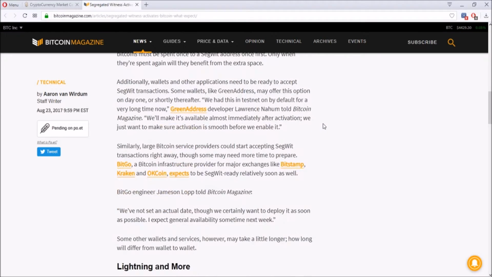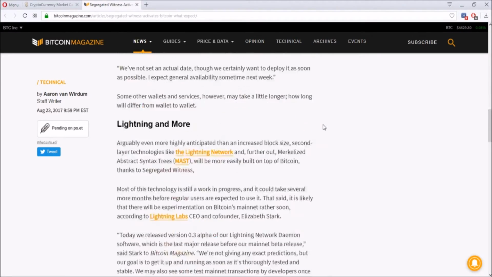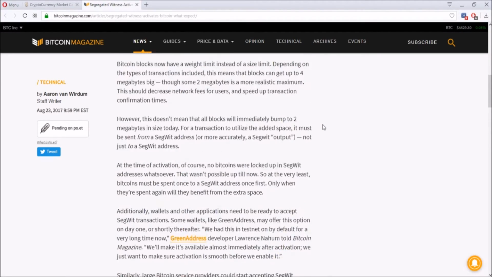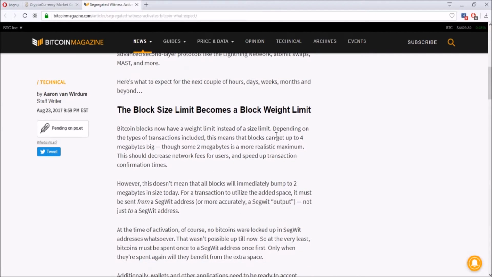Another thing is that Bitcoin can now be transacted up to 4 megabytes big. I said this before, but traditionally, Bitcoin is 1 megabyte, and now it can get up to 4 megabytes. This means transactions can be filled with more instead of only 1 megabyte.